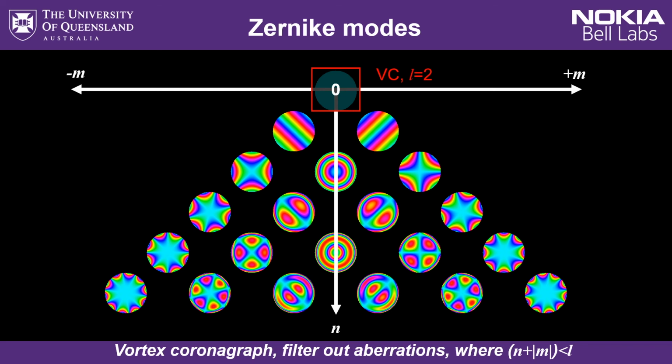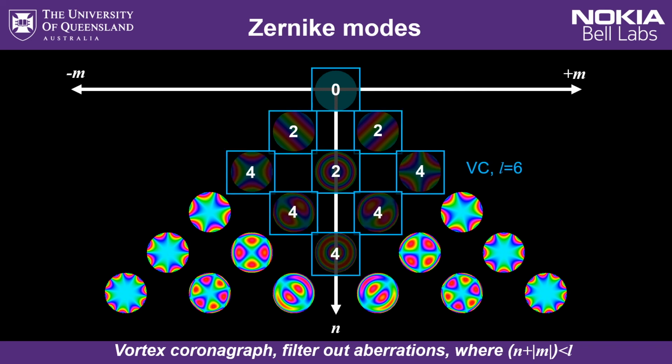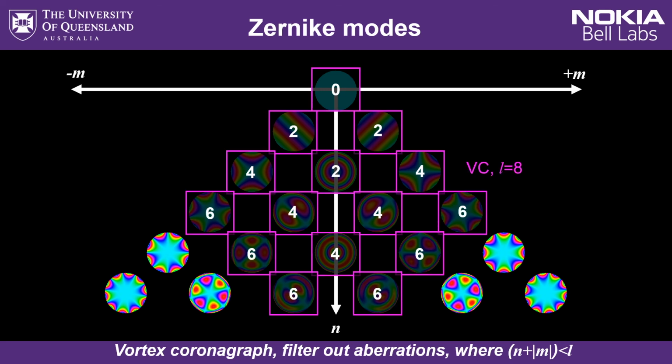Then, as you increase the topological charge to 4, you decrease sensitivity to tilt and to defocus. Increase the topological charge to 6, you start to filter out astigmatism, coma, and spherical aberrations. Charge equals 8, and so forth. This square area of Zernikes of side length half the topological charge are attenuated. And the price you pay is you lose throughput at those inner working angles.